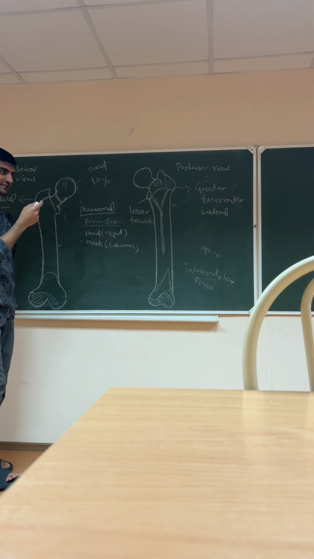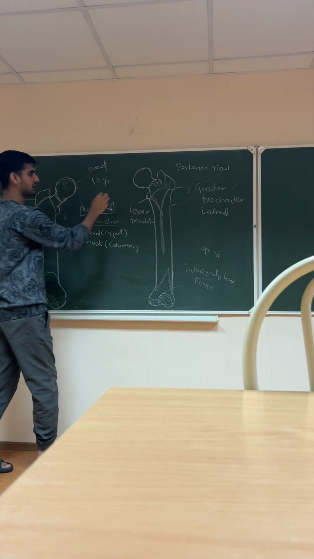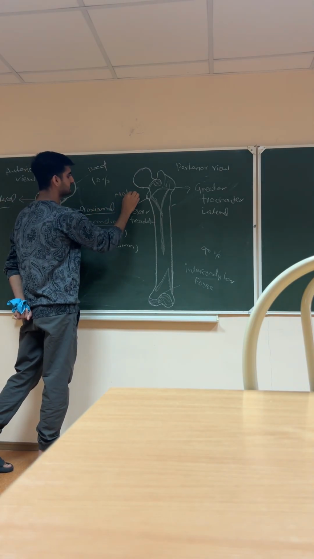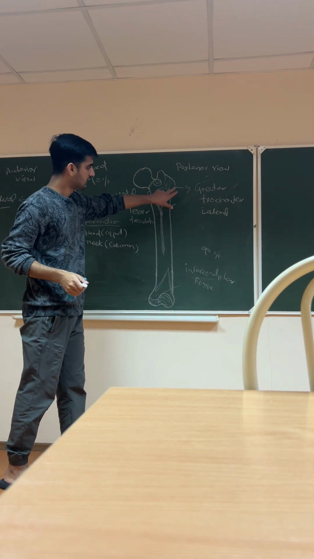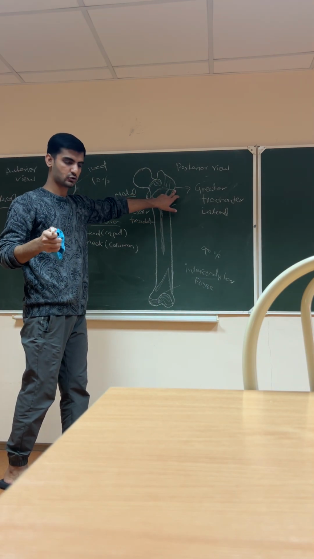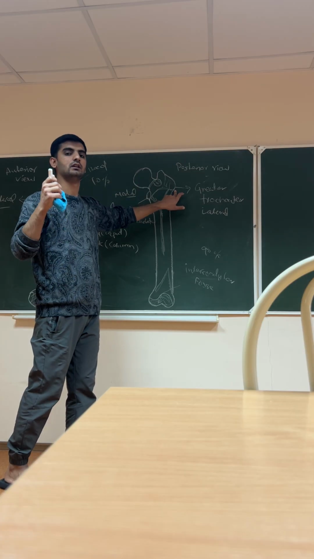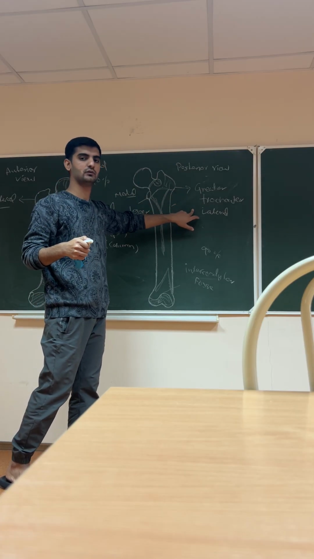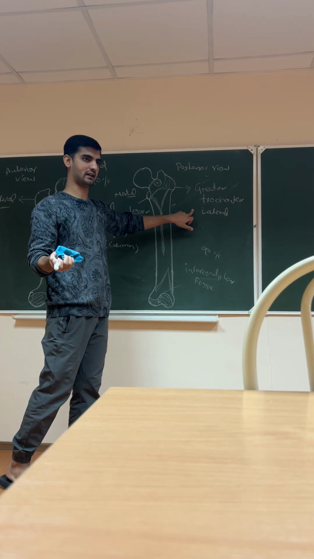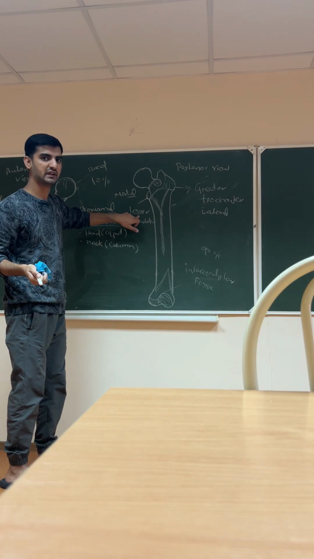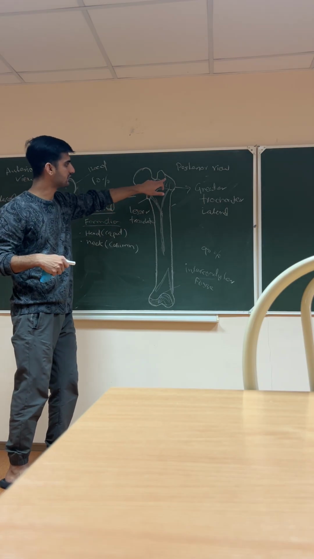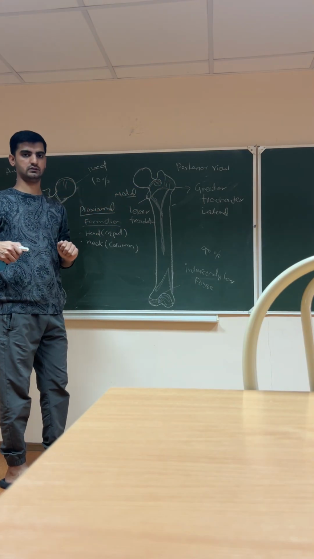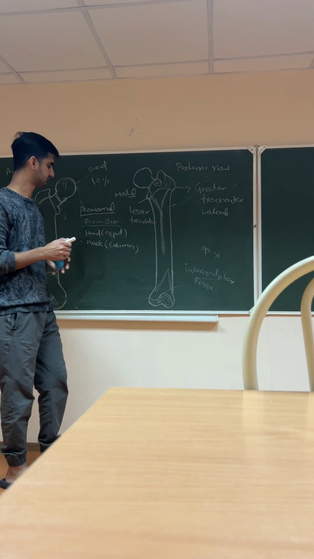Which side? Lateral or medial? It is medial, the middle side. Again, greater trochanter in English and trochanter major in Latin, on the lateral side. The lesser trochanter is on the medial side.